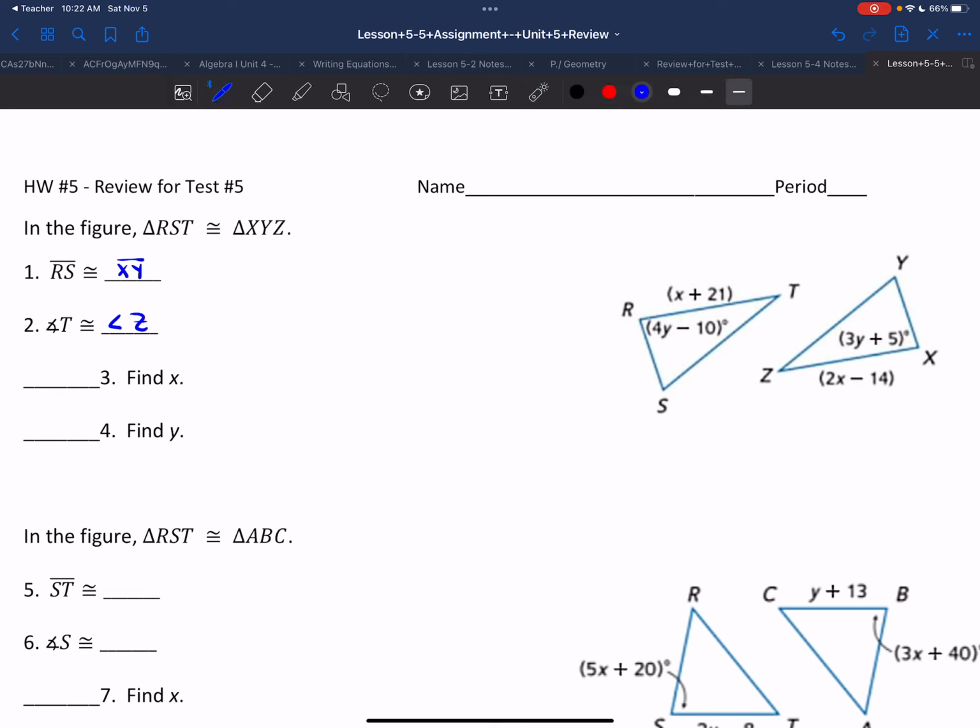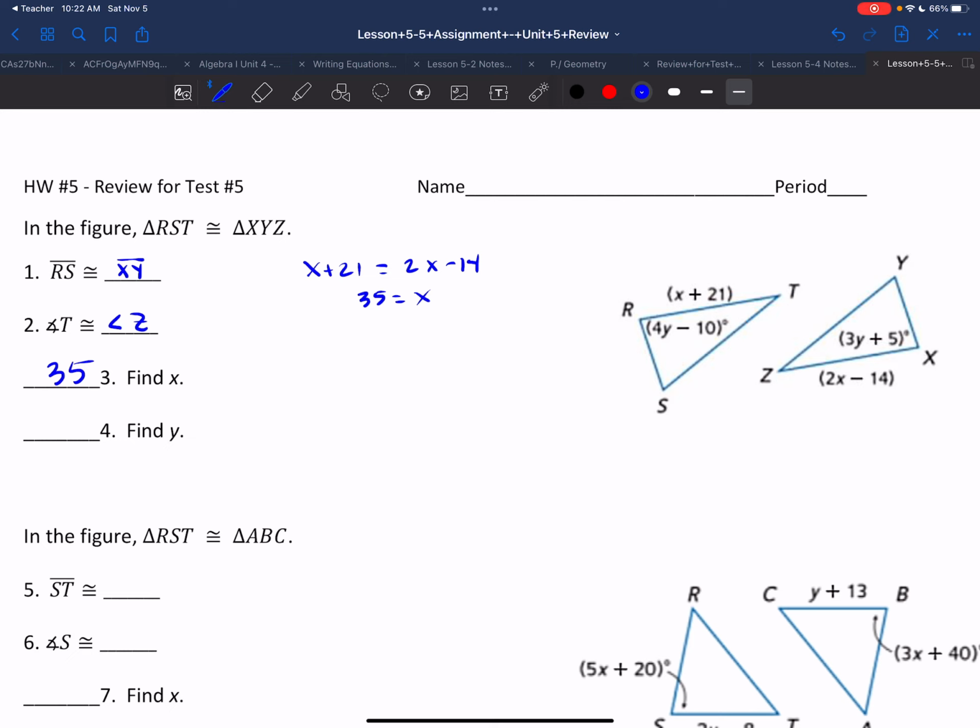So I will write X plus 21, which is equal to XZ, which is equal to 2X minus 14. If I do the math, I get 35 equals X. So X is equal to 35.